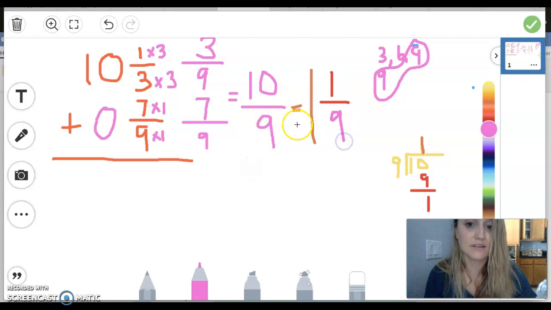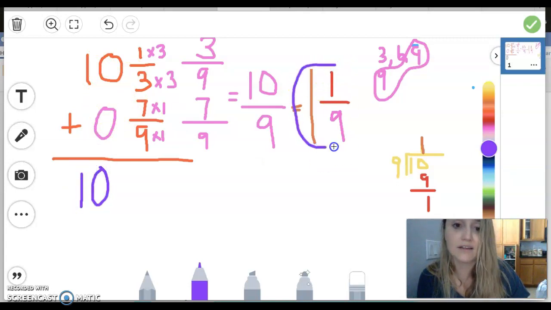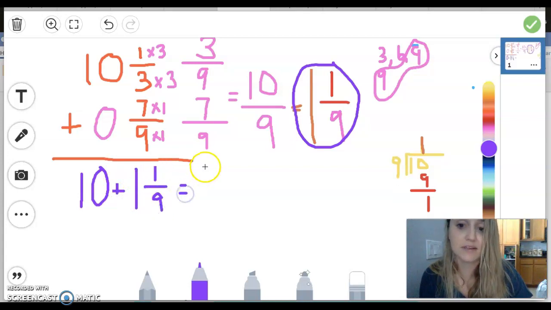The 9 stays the same because it's your denominator. And then here we would do 10 plus 0 is 10. Then you are going to add your number here. So your answer would be 11 and 1/9.